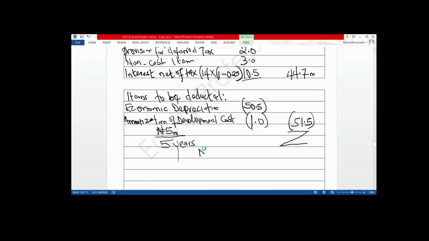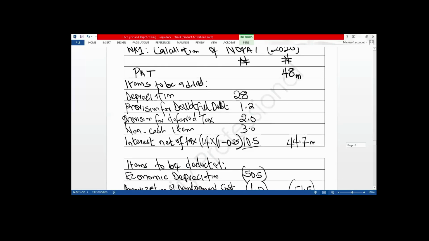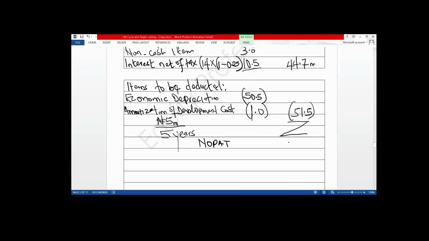That will give you your net operating profit after tax. Please add and deduct as appropriate. 41.2. So you are going to have a balance of 41.2 million. This is your NOPAT.